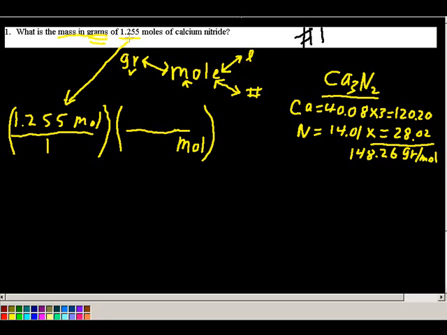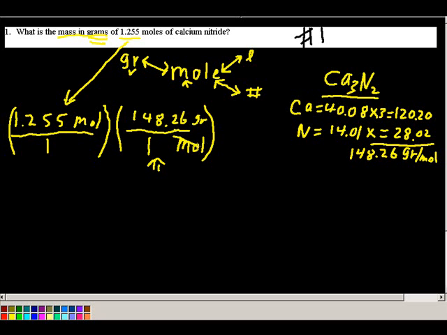That is a standard move: take the number given, punch it in over 1, train track, whatever you have up here, you put down there. Now right here, this is going to be a unit ratio. And so what it says is, if I have 1 mole of this material, it weighs 148.26 grams. So this is the molar mass.